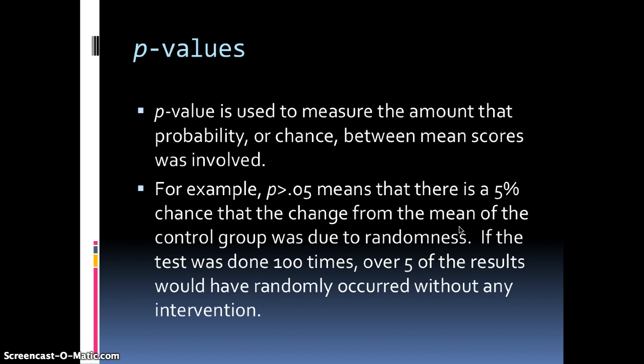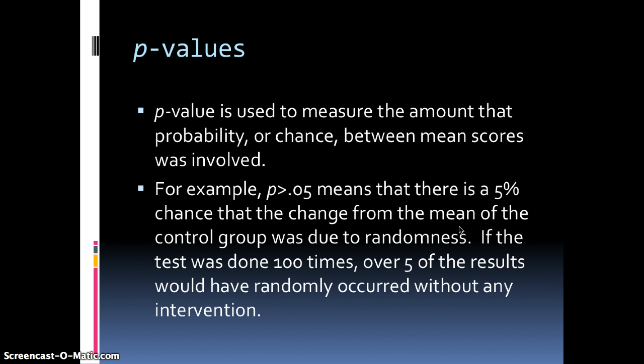P-value or probability value is used to measure the amount that probability or chance between mean scores was involved. For example, if the P is greater than 0.05, which is the default setting in SPSS, you can change it.